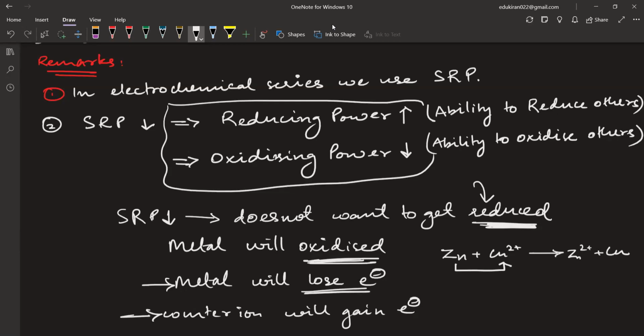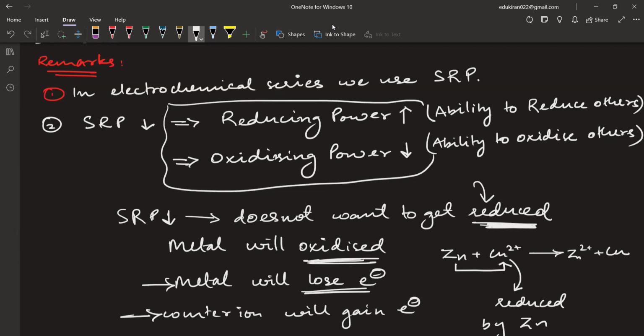दिख रहा सबको? Yes or no? Please tell me. Fatima, Sarah, Ahmed. Okay. अब ये बात बताइए. This copper is getting reduced by zinc. Zinc नहीं होता तो copper reduce होता?